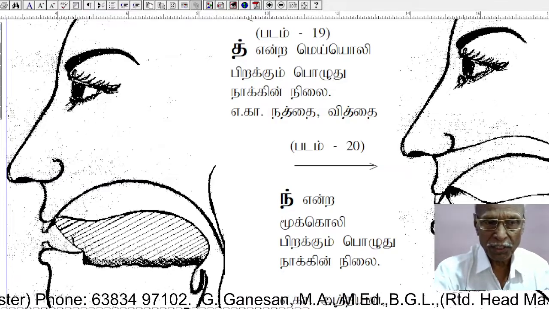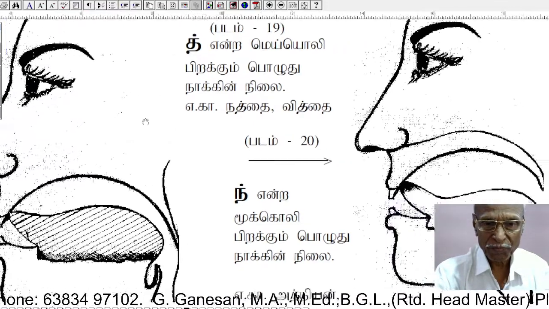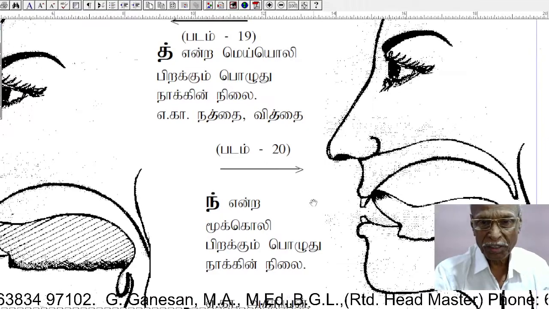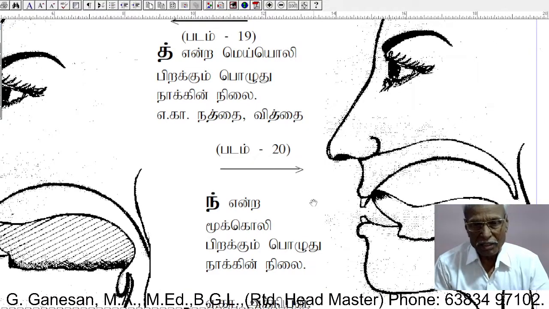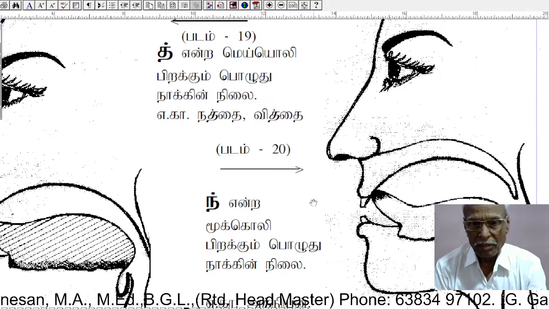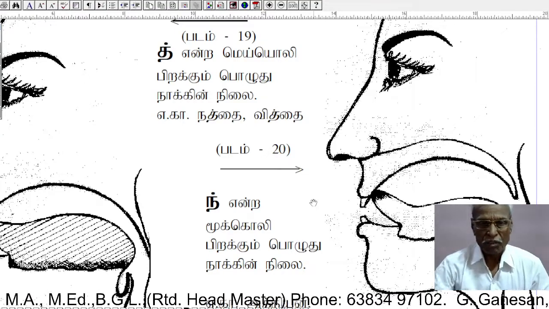Now let us see the production of the eighth Tamil consonant phoneme.